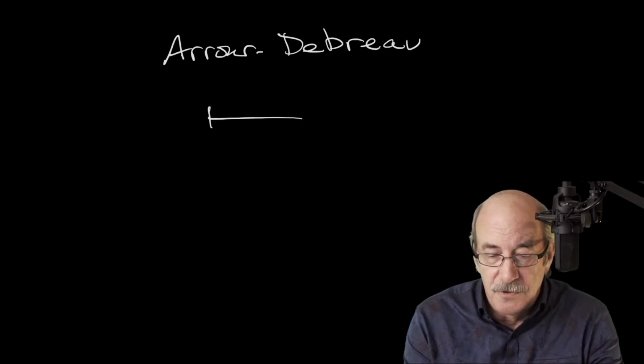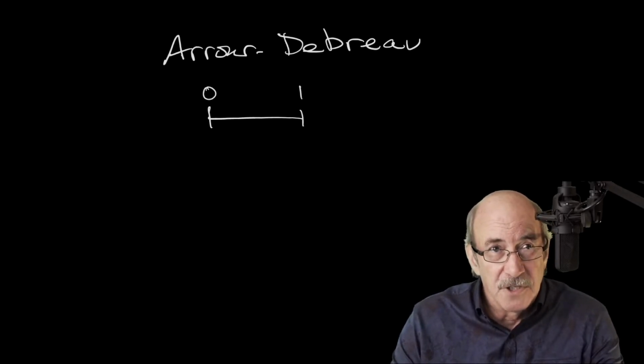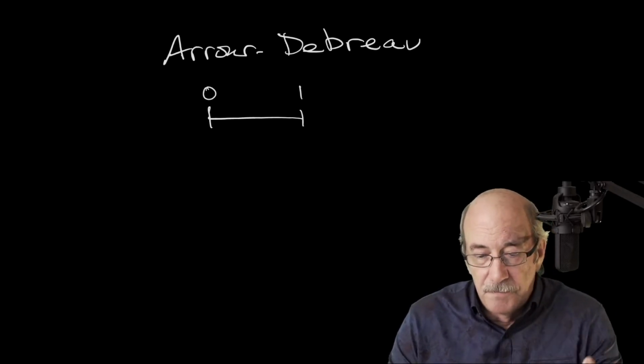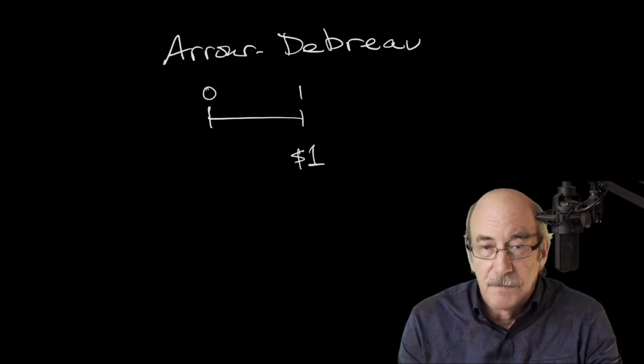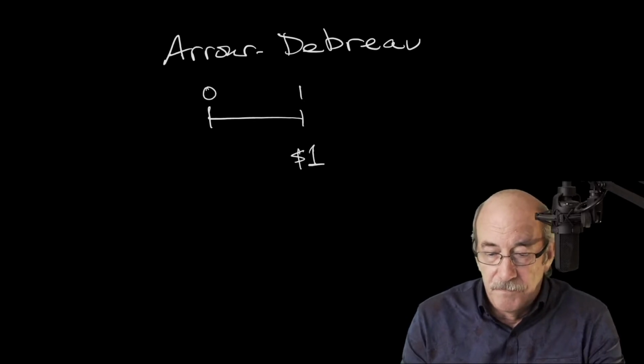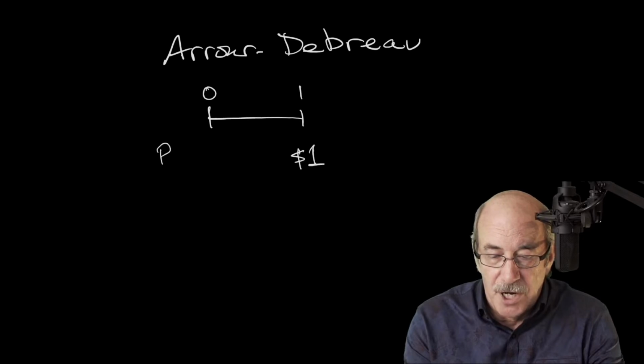So we have a security, and we've got two time periods, time 0 and time 1. The world begins at 0, the world ends at 1. And we have a security that has a payoff of $1 at the end of time. And we have a price for that security of some amount at the beginning.